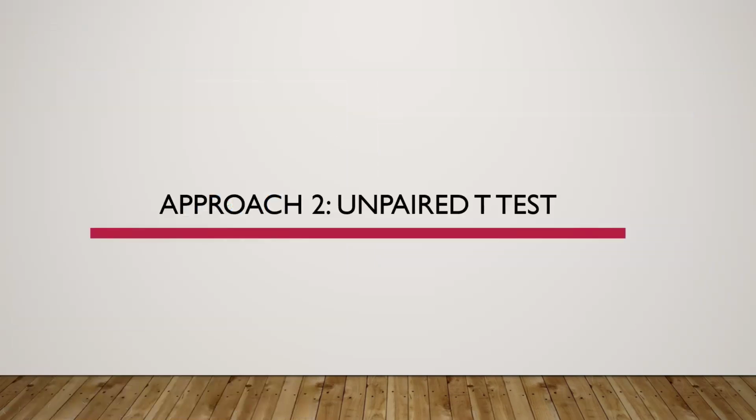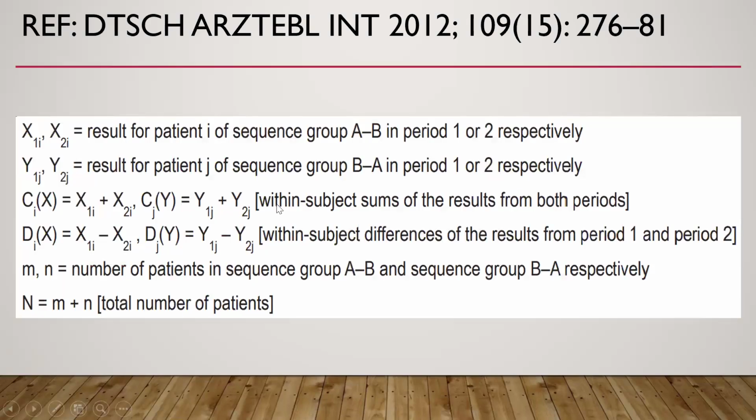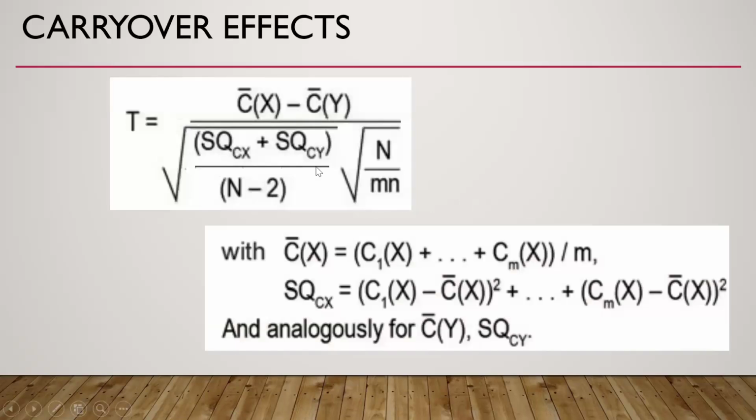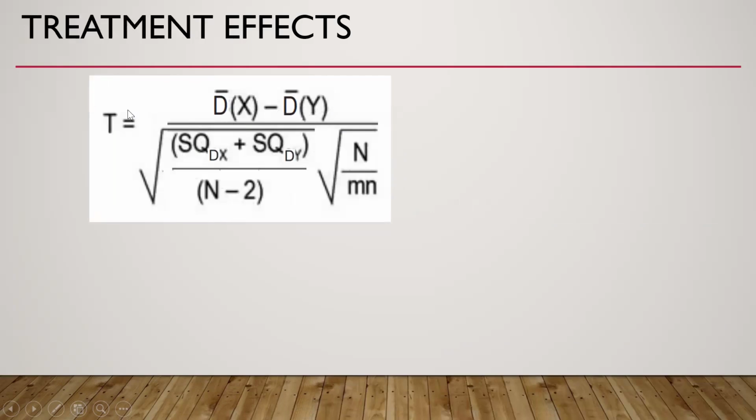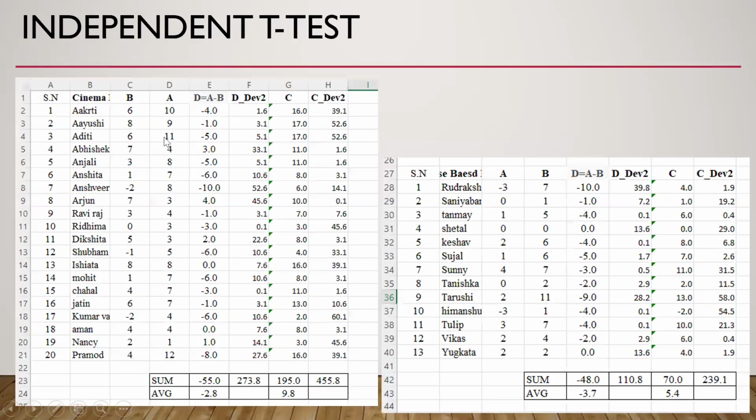Then let us see the utilization of the unpaired t-test. This is the nomenclature I have taken from this article. This is the formula for assessing the significance of carryover effect using independent t-test. And this is the formula to assess the significance of treatment differences using independent t-test. And this is the same example, same data.